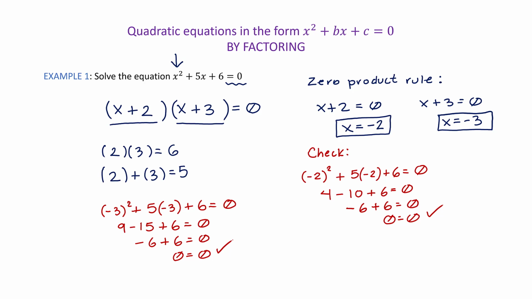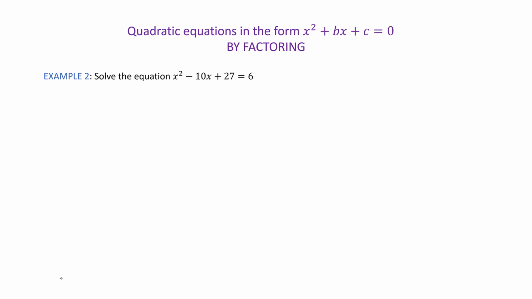Let's solve a second example. We see in this second example that we have to solve the equation x squared minus 10x plus 27 equals 6. We have a trinomial. But if we see this trinomial isn't equalized to 0, it's equalized to 6. Now, to solve by factoring, my trinomial has to be equal to 0. So we are going to arrange the equation by passing that number 6 to the left.